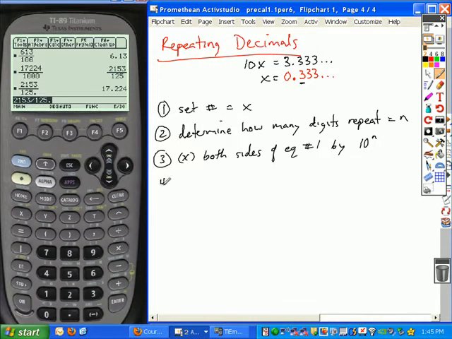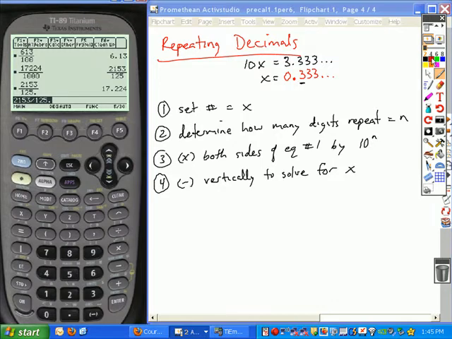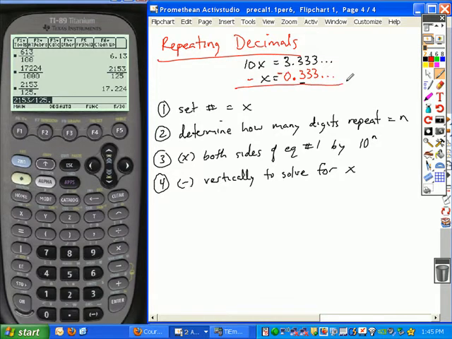Once you set these up, you have these two equations vertically stacked on top of each other. You're then going to subtract vertically and solve for your x. So if we subtract vertically, we get 10x minus 1x is 9x.